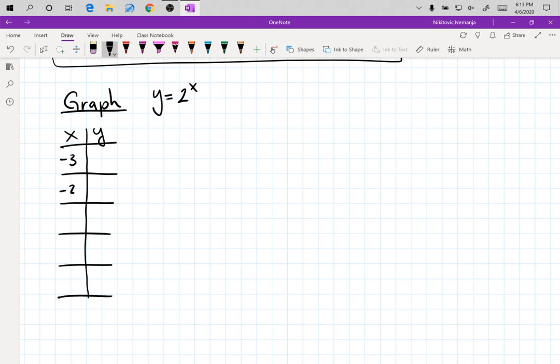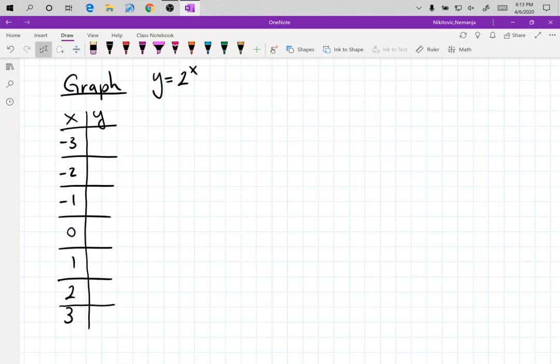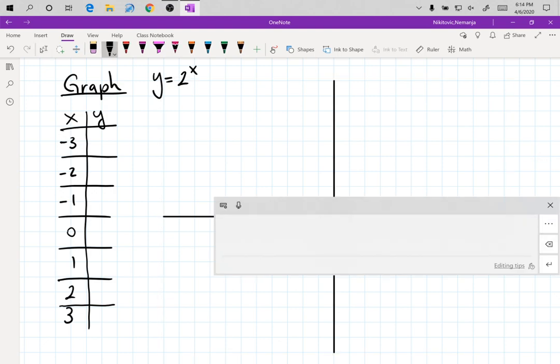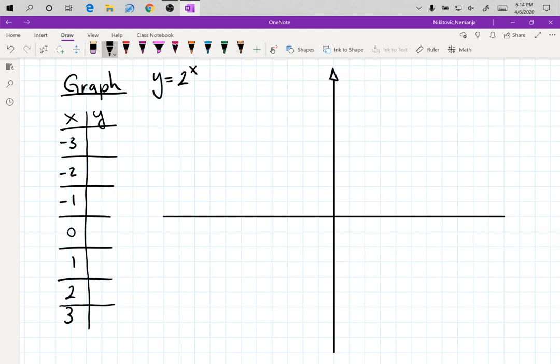So -3, -2, -1, 0, 1, 2, 3. That's enough. From -3 to +3. And then we're going to have our XY coordinate system, where we are going to draw all of those values, X and the Y.